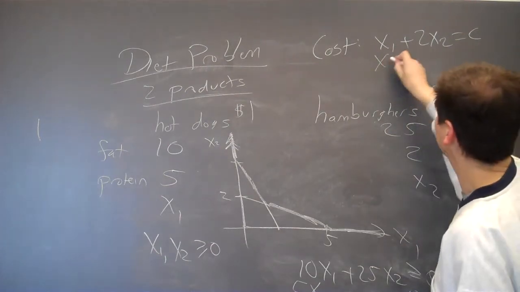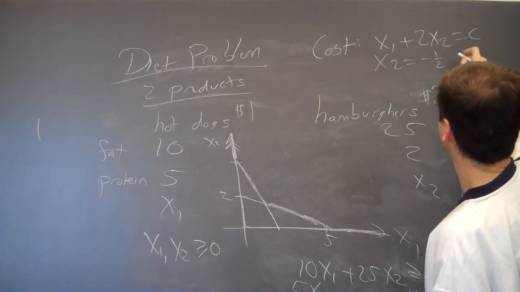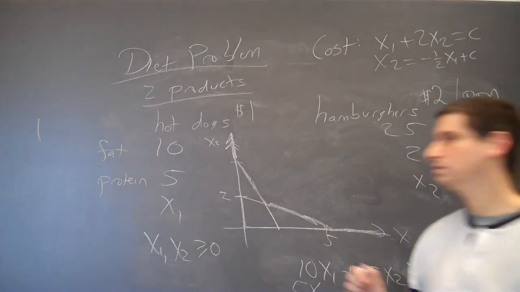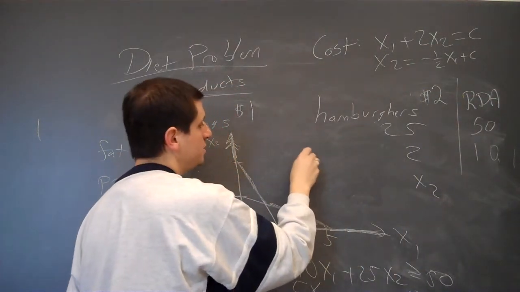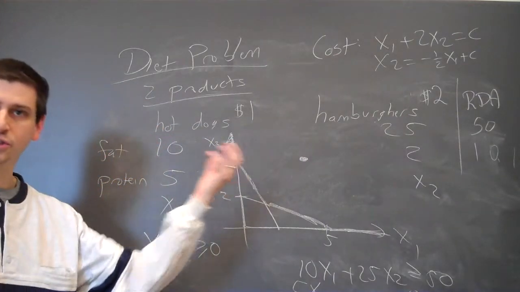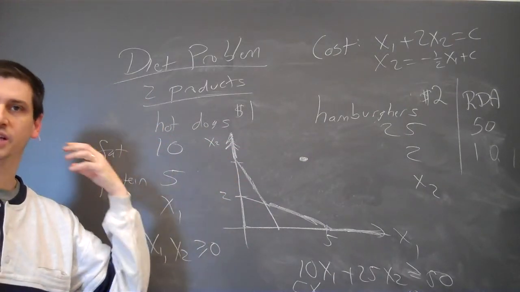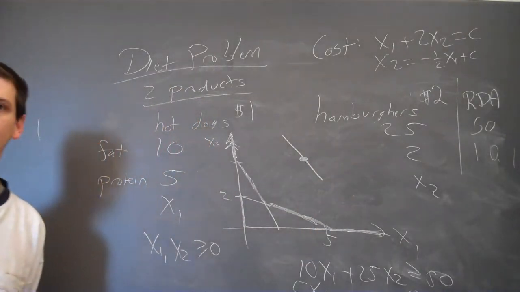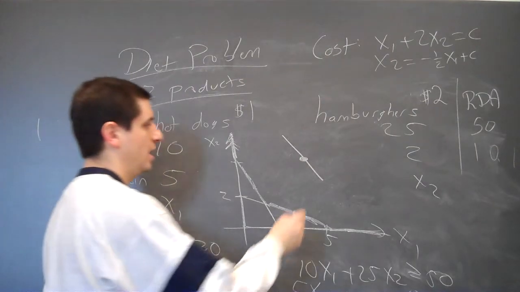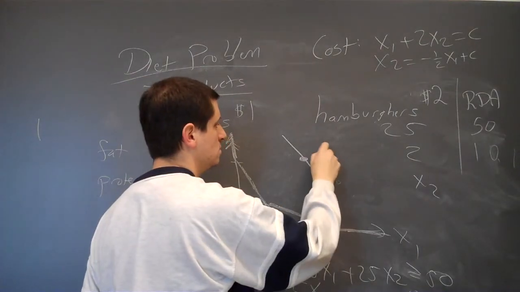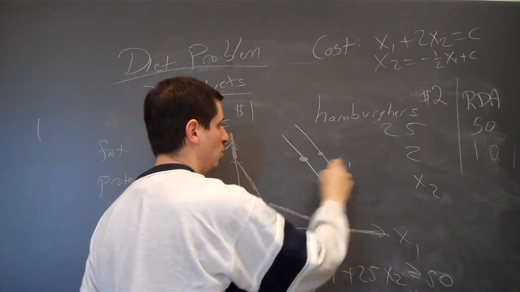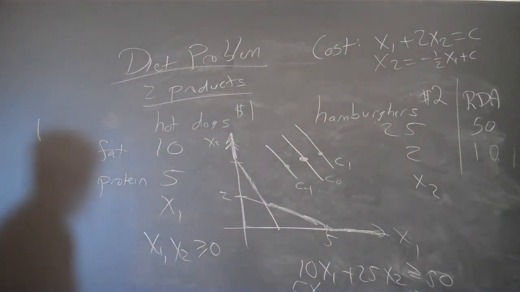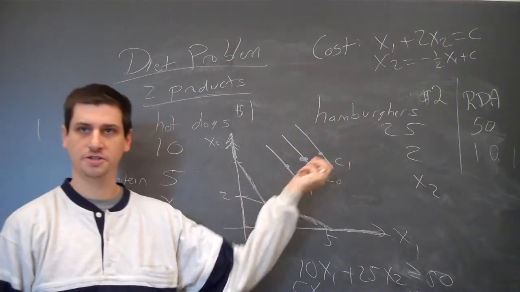I can write this as x2 equals negative 1/2 x1 plus C. So basically, all the points x1, x2 that give you a diet of the same cost would just be a straight line. This would all have one cost, and let's call that cost C0. That would be C1, C minus 1. I don't know what those numbers are, but all of these points would have the same cost.